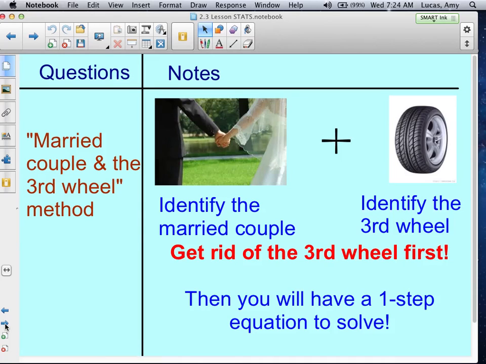So the piece that's got the variable and the number closest to it, that's your married couple, or your happy couple. And then the third wheel is the other thing that's on the same side of the equation with your variable. The other thing that's further away, that's kind of an outsider, that's what we need to get rid of first. And after we do that, we will have a one-step equation left to solve, and you already know how to solve those.